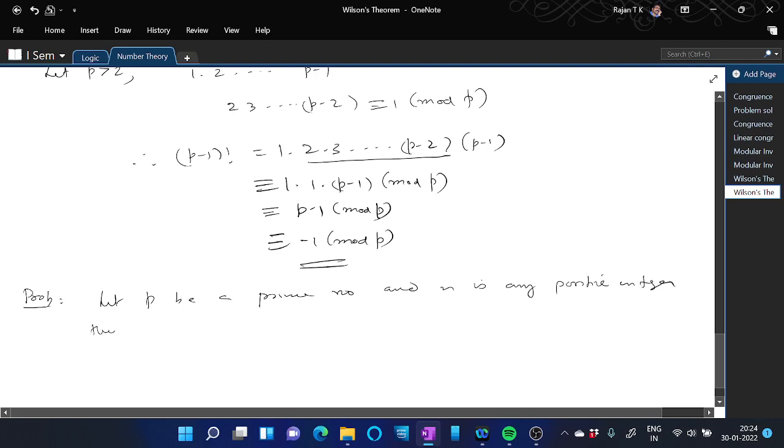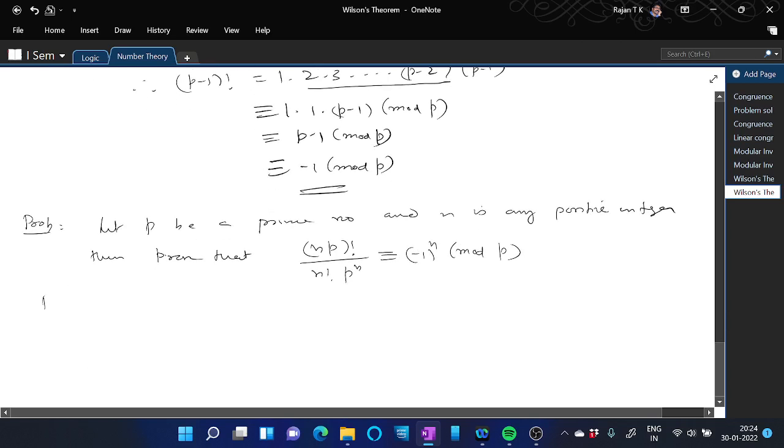Then prove that np factorial divided by n factorial into p raised to n is congruent to minus 1 raised to n mod p.